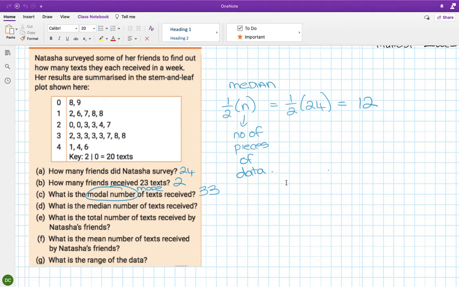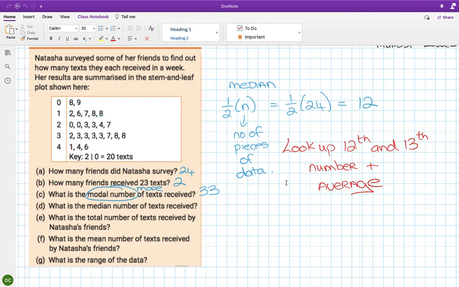And then we look up the 12th and the next number, so the 12th and the 13th number, and we average. We'll come back to this.